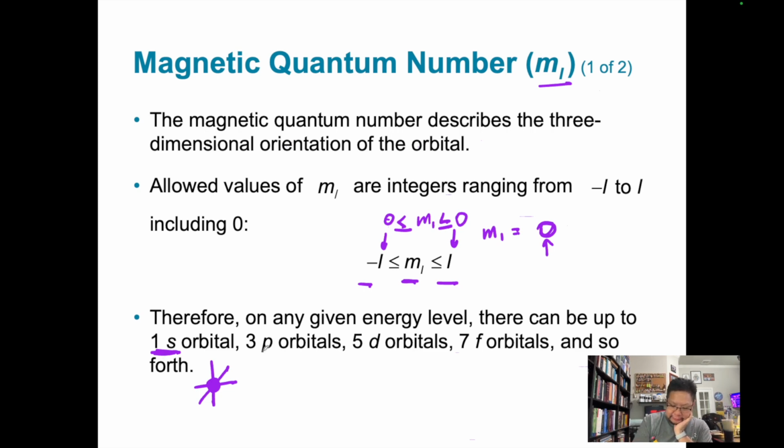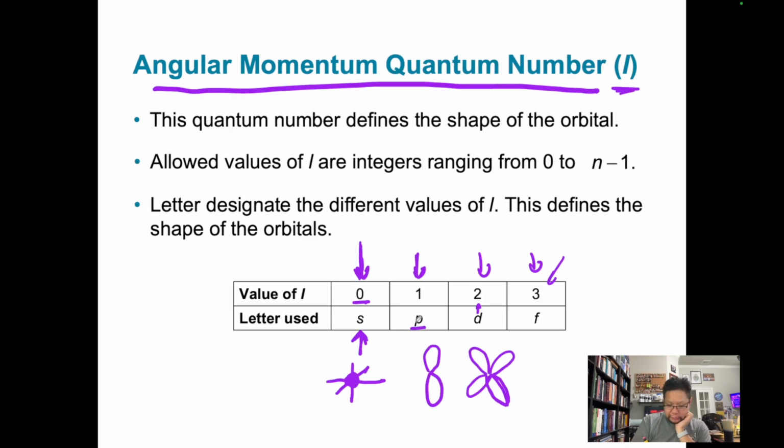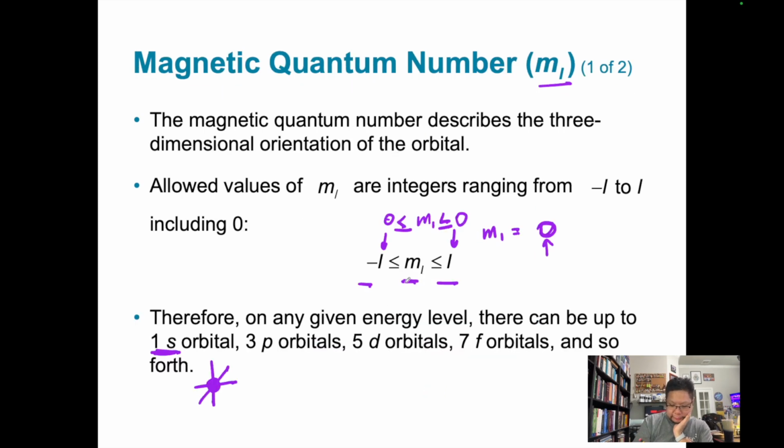So let's try this again, now looking at the p orbitals. What is their L value? Their L value is 1. Does that make sense so far? If its L value is 1, let's try this again with the p orbital. Remember, this is the way we determine what m sub l is.